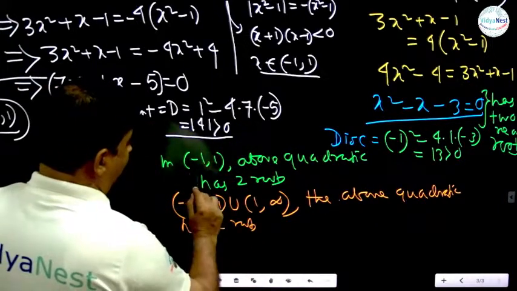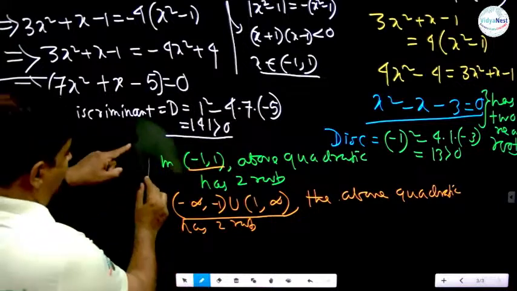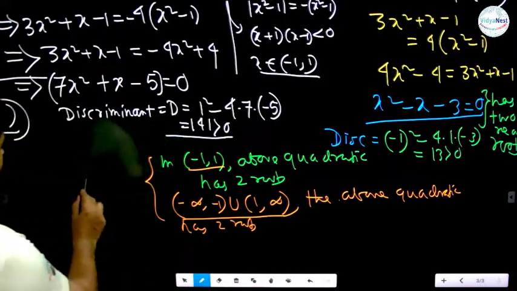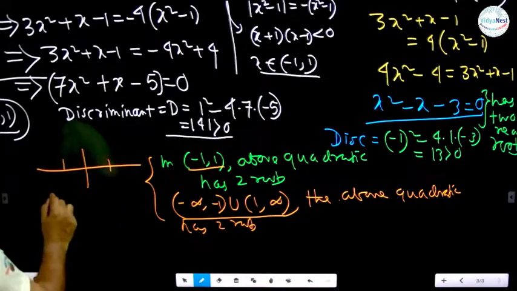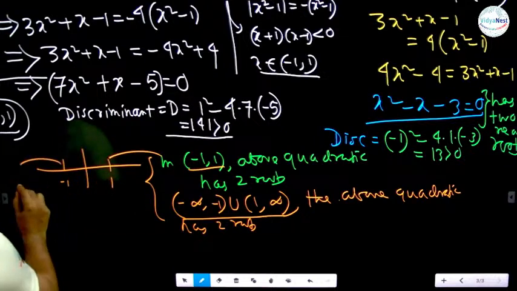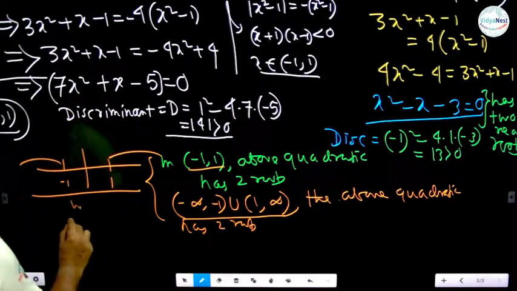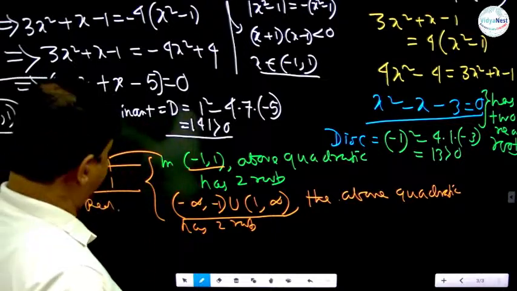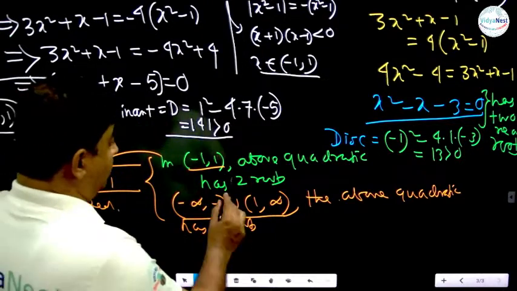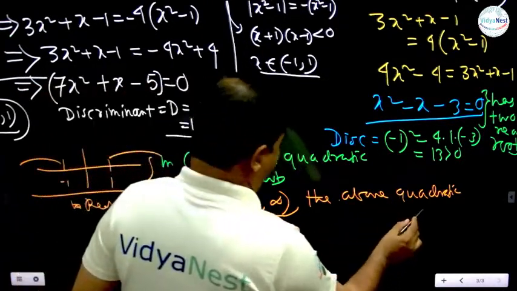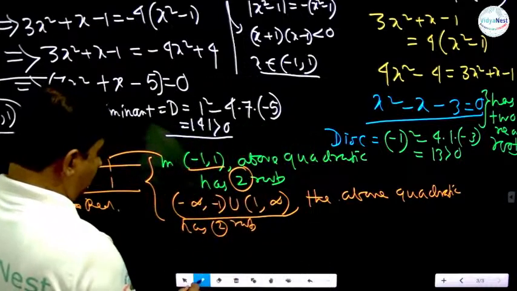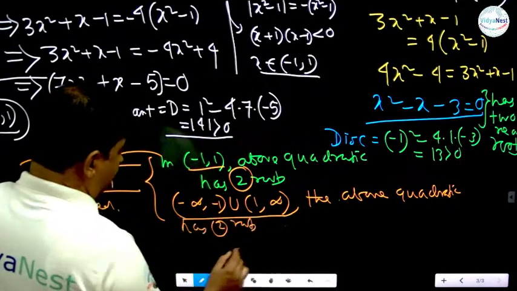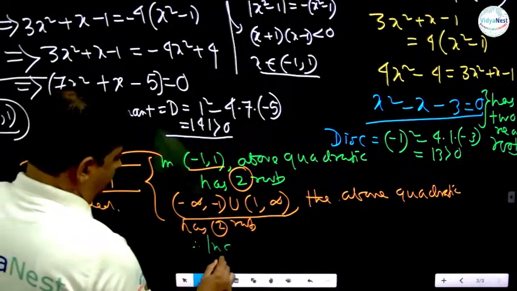So if I combine these two intervals, देखो यहाँ पे number line में 1 to minus 1 and this, that means total real numbers, yes or no? All real numbers. Yes. So 2 roots, total 4 roots.